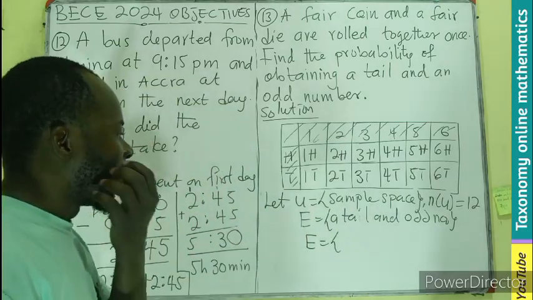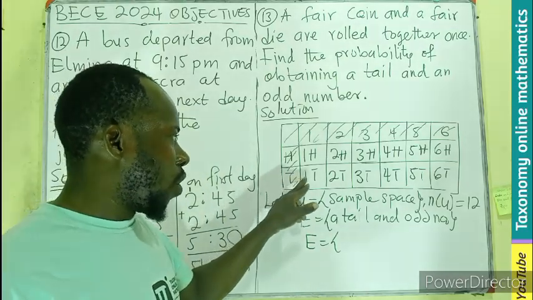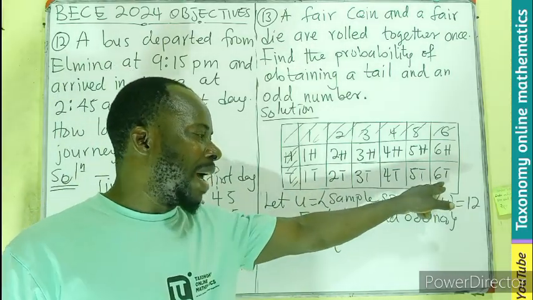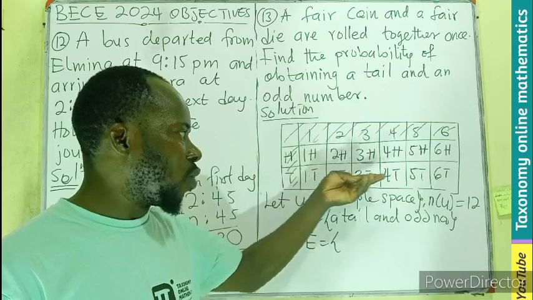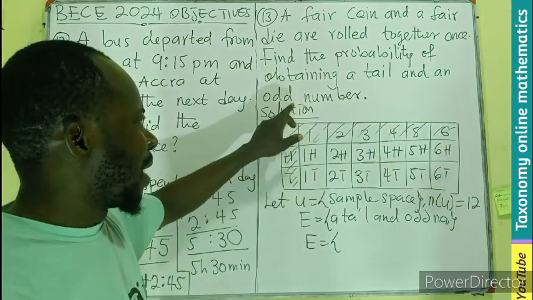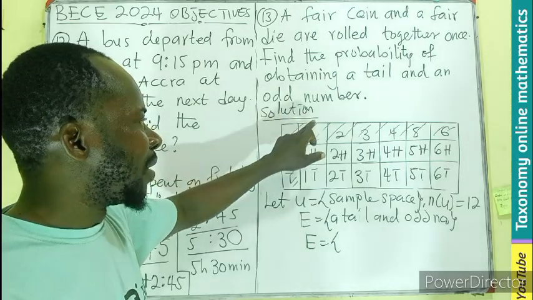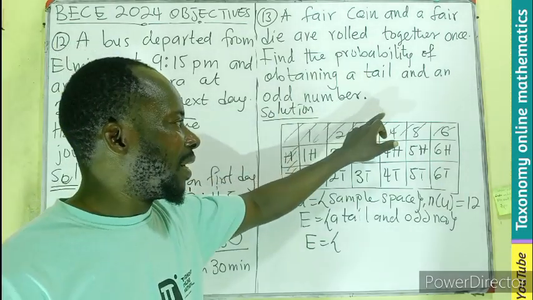So let's look for the elements that we can find as a tail. All these columns are going to be represented by a tail. So all these ones are going to show. But on this tail, the number that will be added should be an odd number. And where are the odd numbers? 1, 3, 5.